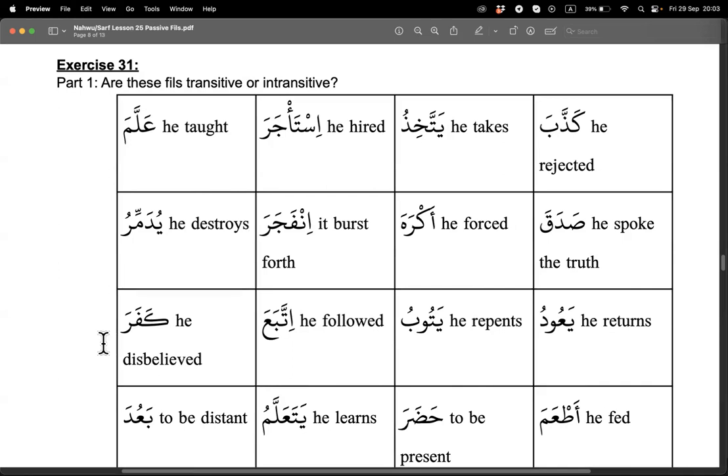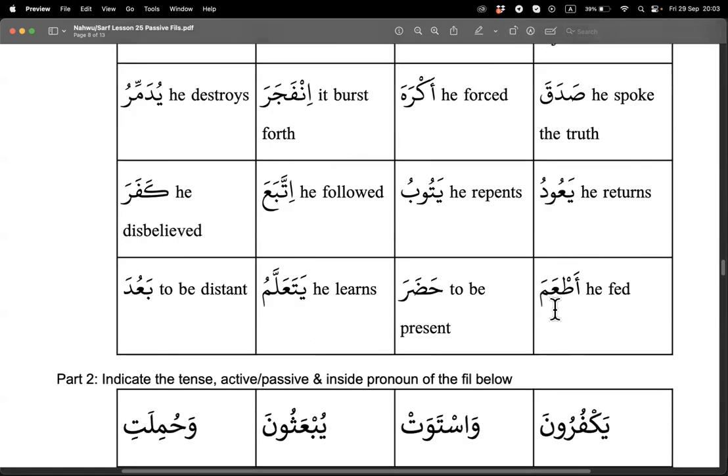Then next one, kafaro. This one is lazim. Yes, good. At-ta'ama, this one is mutaaddi. Good. Hadoro. This one is lazim.